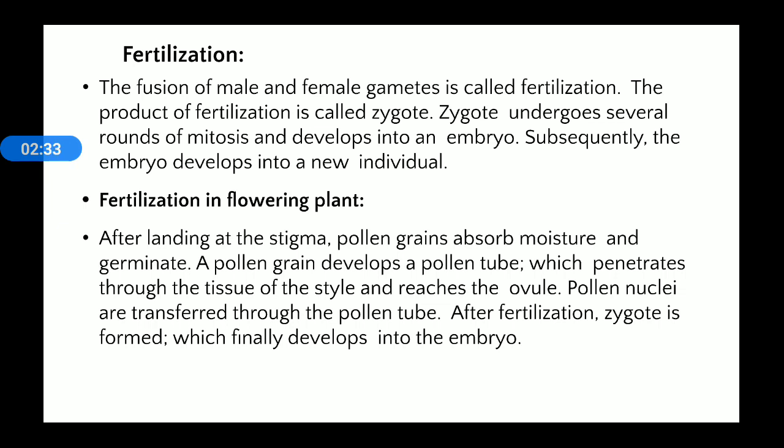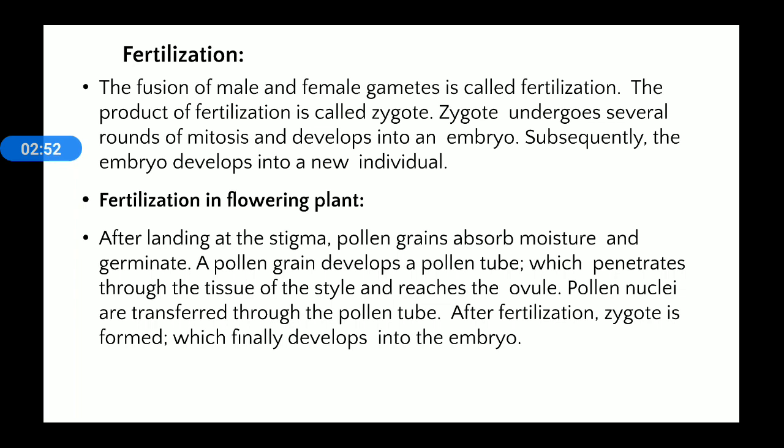Let's start. Just have a review of what is mentioned on this slide. After landing on the stigma, the pollen grain absorbs moisture and germinates. When the pollen grain lands on the stigma, it absorbs the moisture present there.